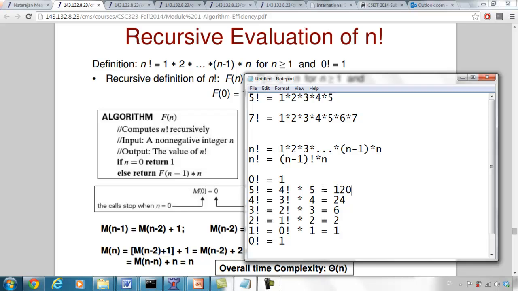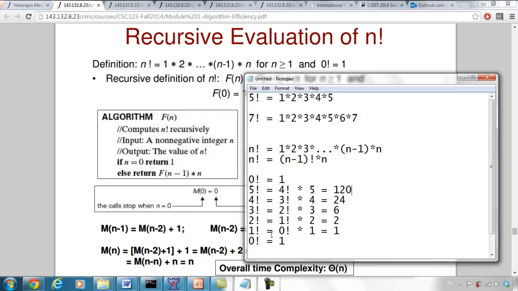Okay, so now if you look at the time complexity here, we have a basic operation which is essentially multiplication. So in each recursion, we do one multiplication, right?